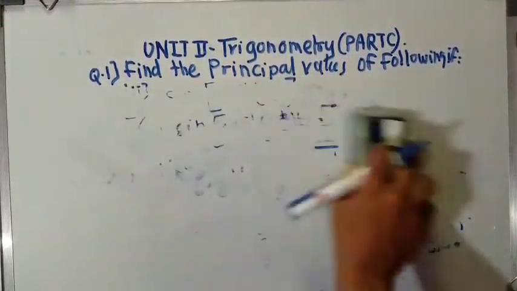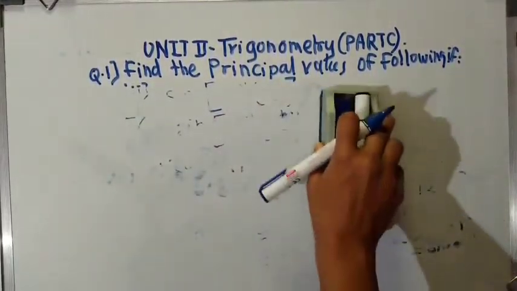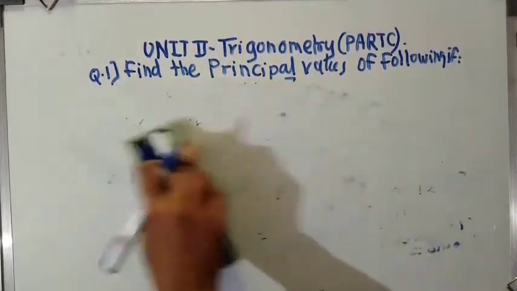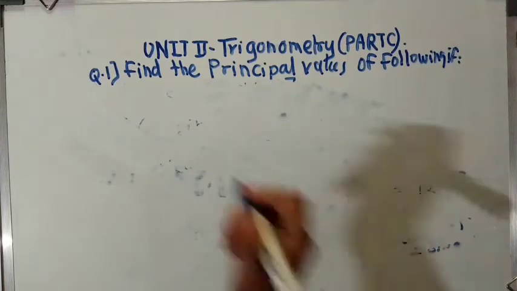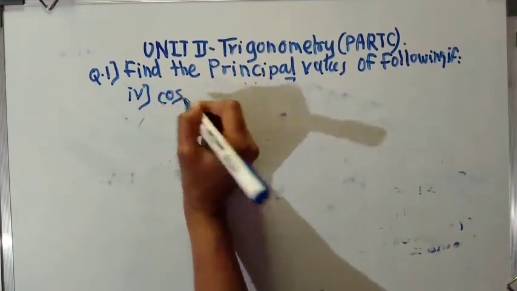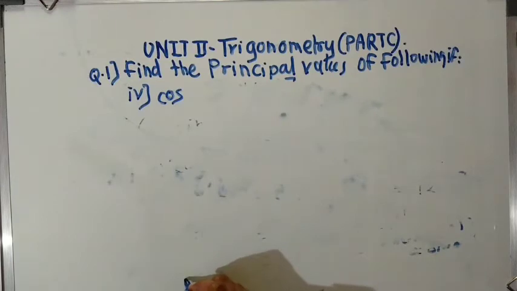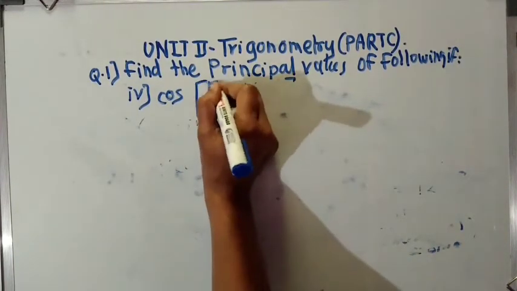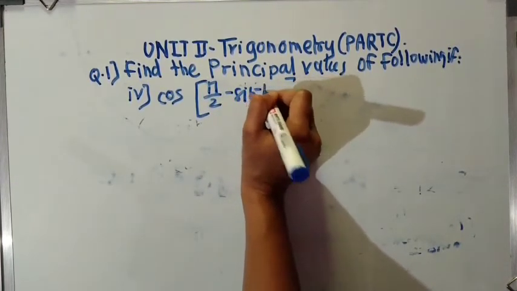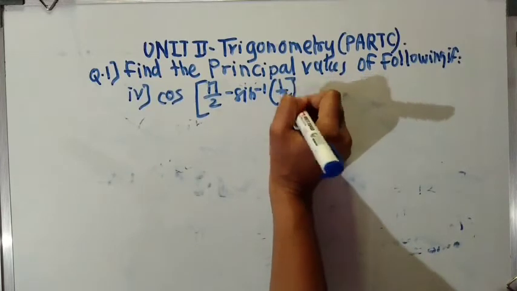Then we study the fourth example. Example 4: find the principal value of cos of pi by 2 minus sine inverse of 1 by 2.